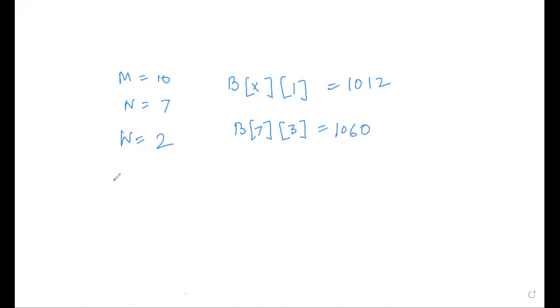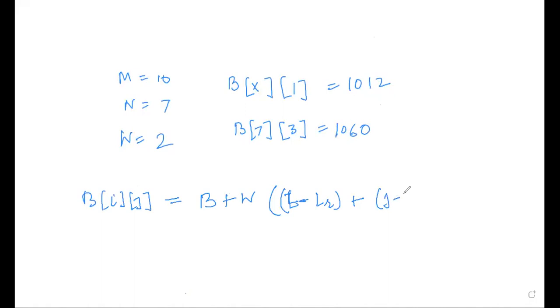So we'll first write the formula that B I J, that is the address which I calculate, is given by the formula B plus W times (I minus lower bound of row plus J minus lower bound of column multiplied by M), because it is column major wise.